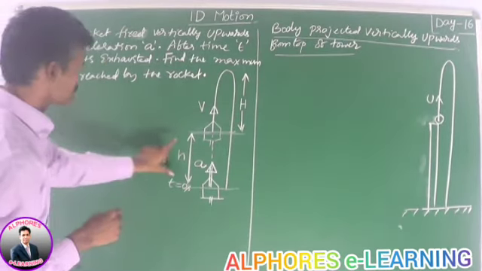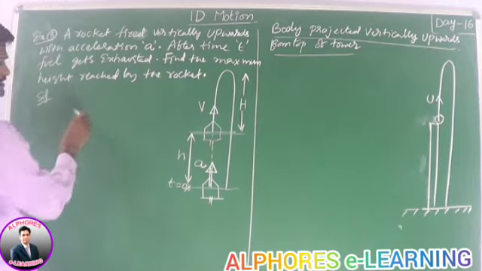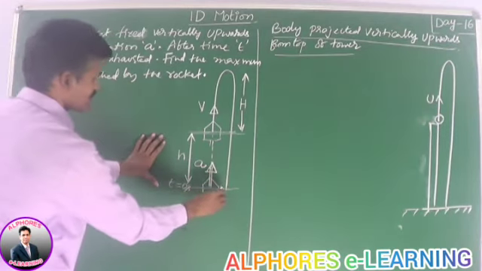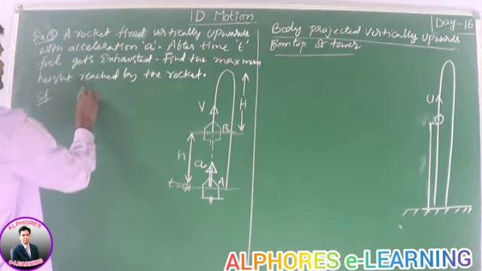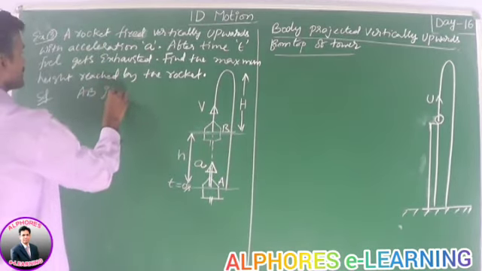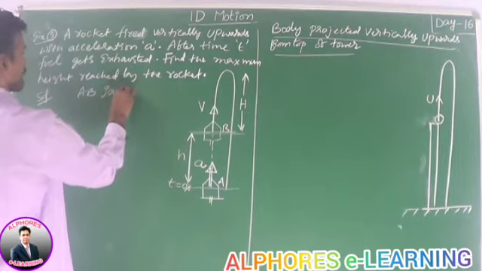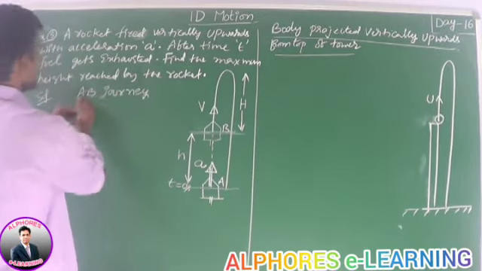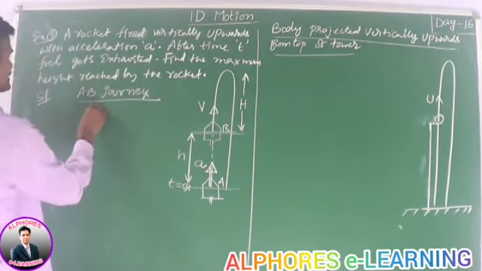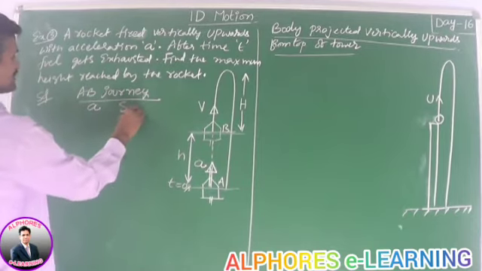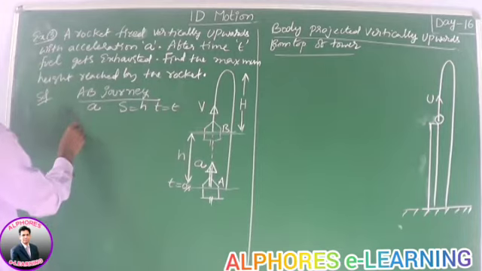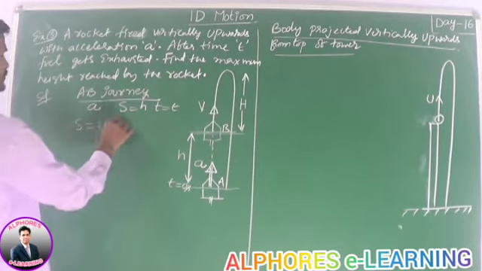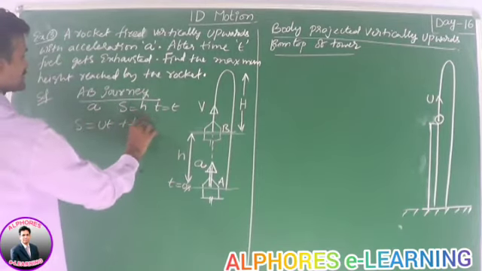For that, first calculate S. For this journey, I am calling this point A and this B. For the AB journey, the acceleration is A, displacement is h, and time is t. So I can use S is equal to ut plus half a t square.